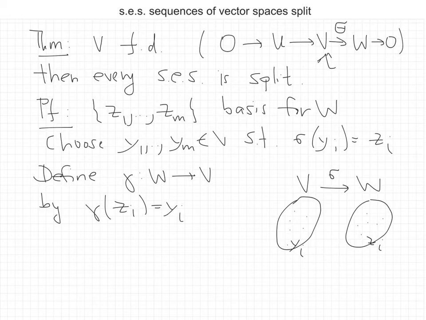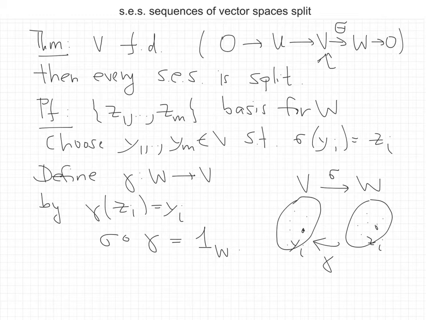So gamma will just go backwards, right? And of course now if I take a zi, the corresponding yi was precisely defined such that it's mapped by sigma to zi. So by the very definition of the yi's, I see that if I first take gamma and then I take sigma, I'm going to get the identity map on W. Identity linear map. That's the whole proof.